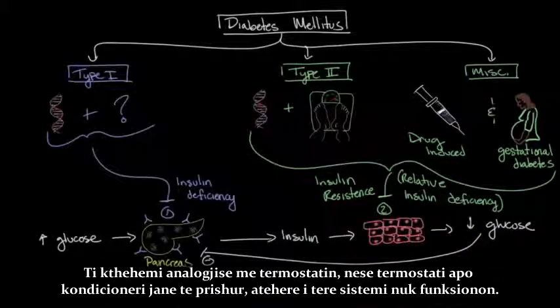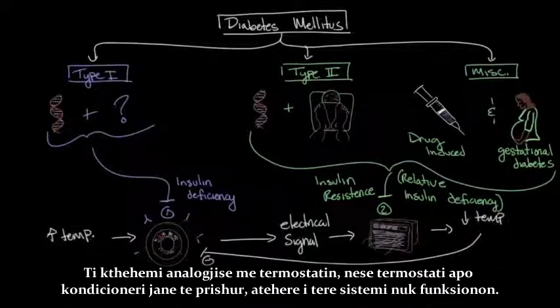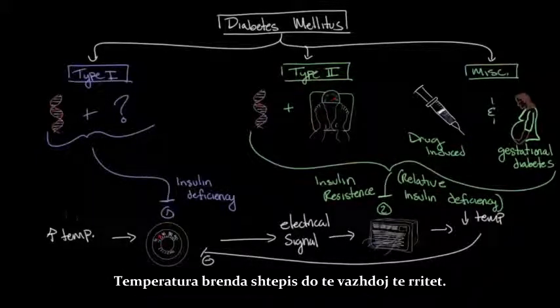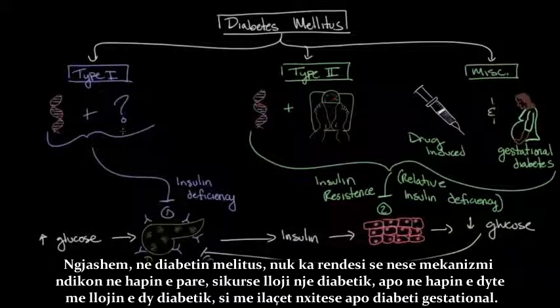So going back to this thermostat analogy, if either the thermostat or the air conditioner is broken, the system as a whole doesn't work. The temperature inside the house is going to continue to rise. Similarly, in diabetes mellitus, it doesn't matter whether the underlying mechanism affects this first step, such as with type 1 diabetes, or the second step, as with type 2 diabetes, drug-induced diabetes, and gestational diabetes.